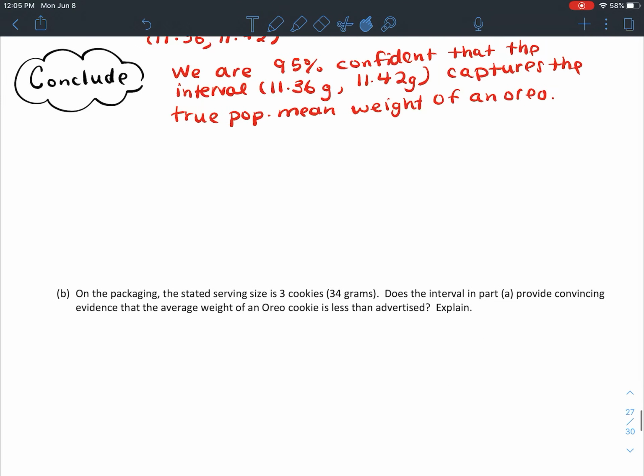Okay. Now there was a second part to this. There's a part B down here below. It says on the packaging, the stated serving size is 3 cookies, which is 34 grams. Does the interval in part A provide convincing evidence that the average weight of a single Oreo cookie is less than advertised?